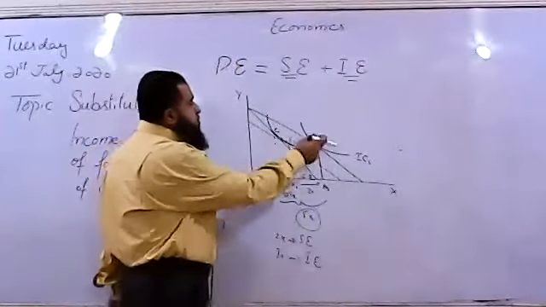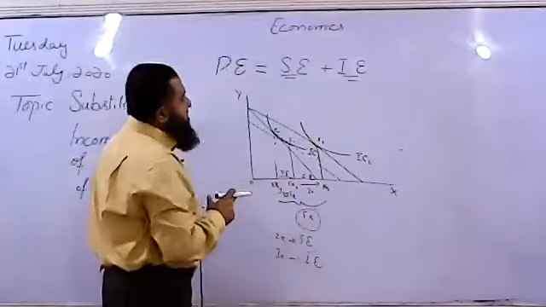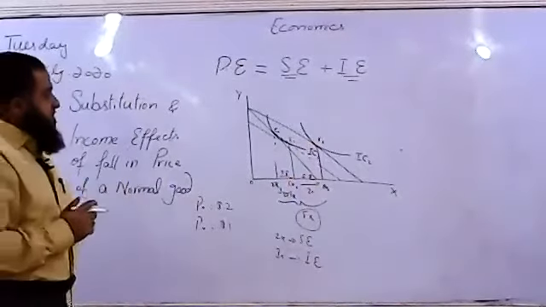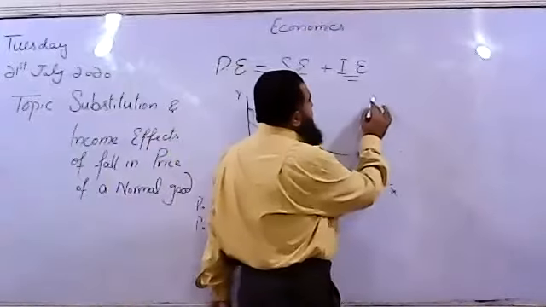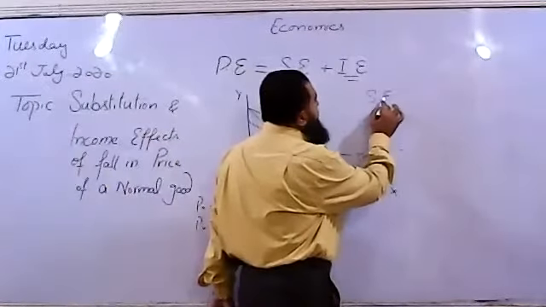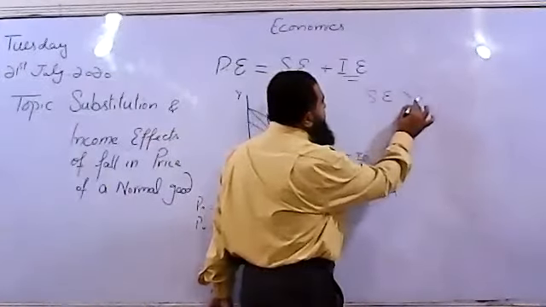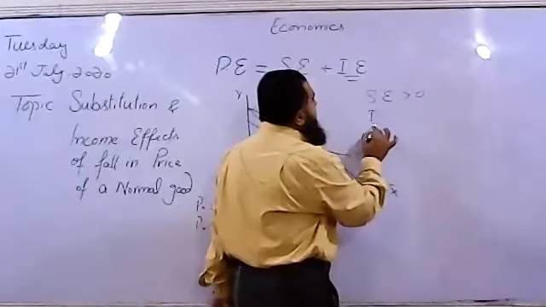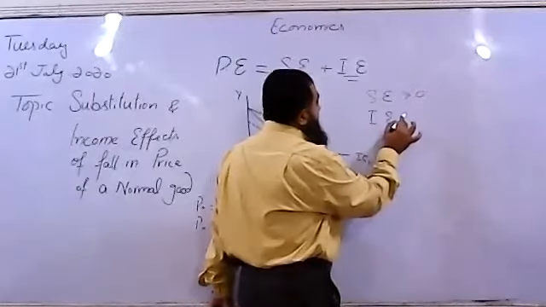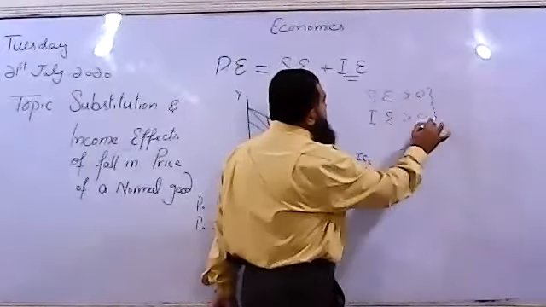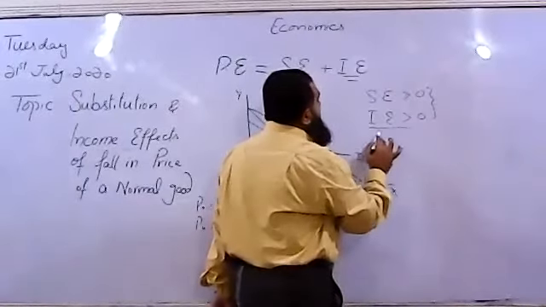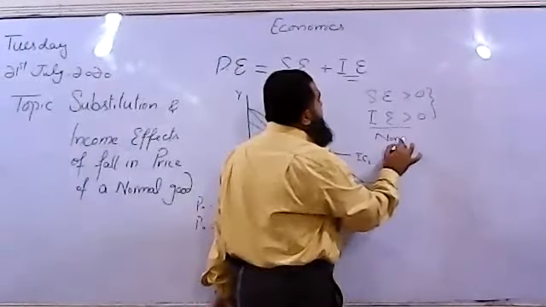Whereas from E2 to E3, that will give us the income effect due to increase in the income of the consumer. He is consuming more of commodity X. Therefore, substitution effect of fall in price of X is positive. Income effect of it due to fall in price of X is also positive. When these two effects are positive, we say it is a normal good.